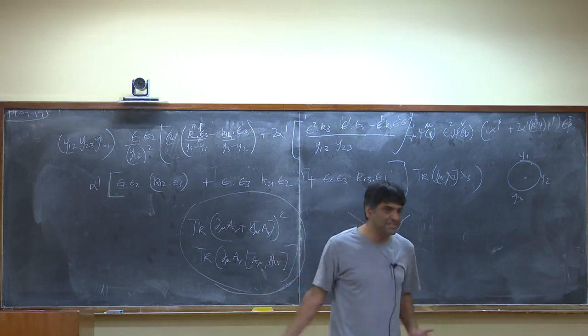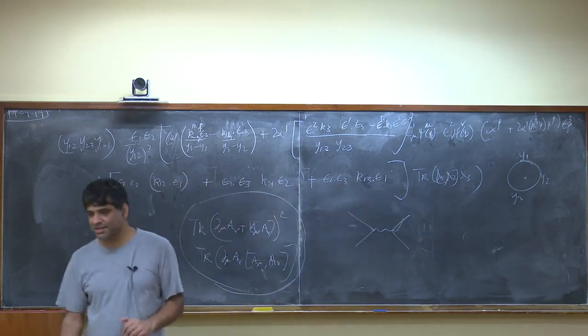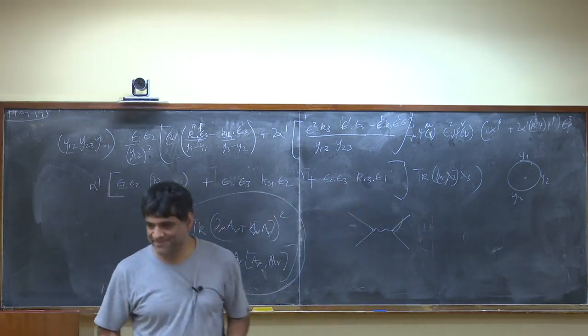You would have expected in general some mess. And if you do 4 gluon scattering in the open bosonic string, it's a mess.